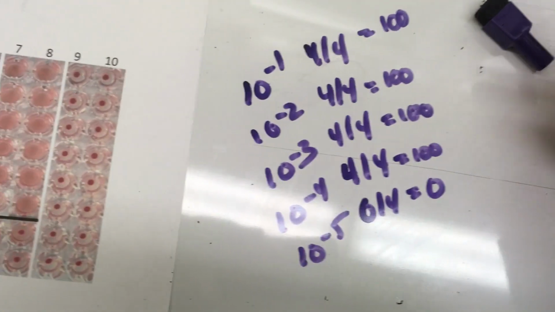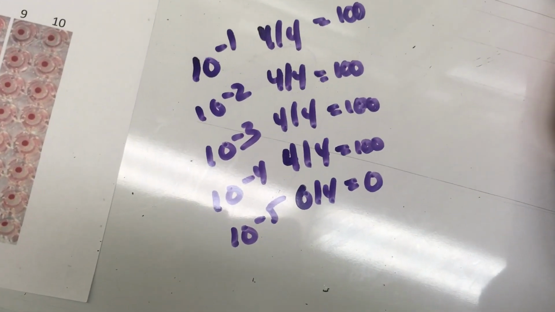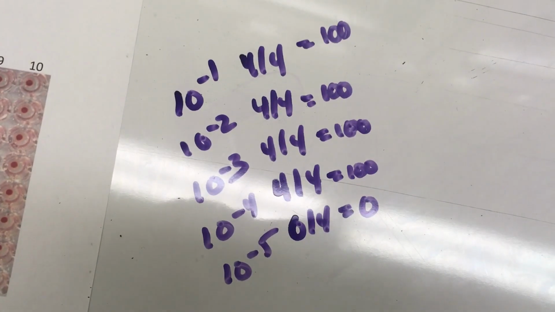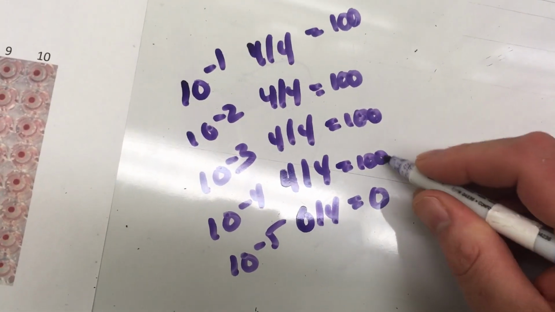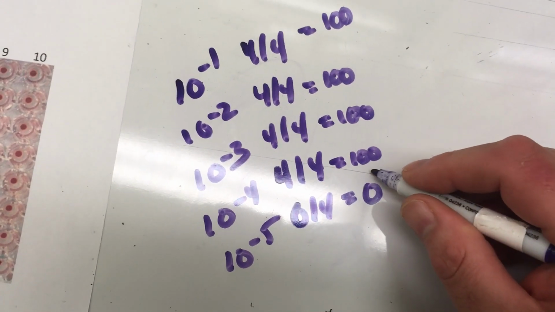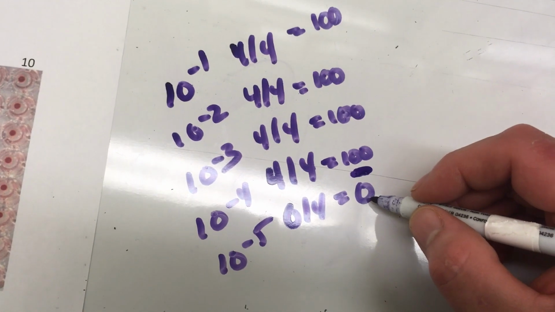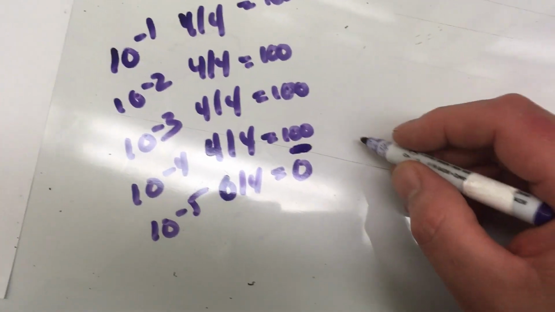Okay, the next thing we need to do is calculate that proportionate distance for the TCID50 using the formula that you had in lecture. If you remember, we're going to find where 50% falls. 50% falls between 100% and 0%, and those are the two values we're going to need.